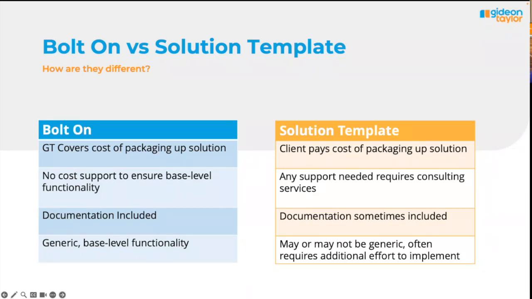With our solution template, it may or may not be generic. We really can't guarantee that it has been scrubbed of client-specific data. So oftentimes with solution templates, there is still some additional work required from your organization to make that solution template work in your environments.